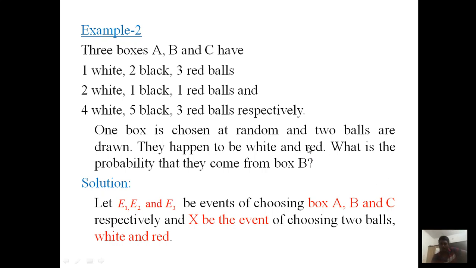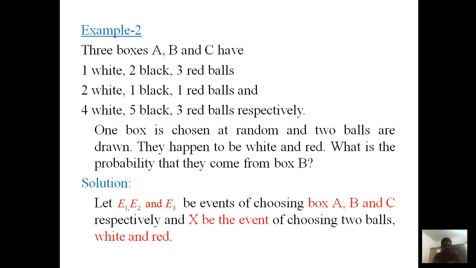Out of these 2, one must be white, one must be red. We are interested in finding the probability that they come from box B. That is, the selected white and the selected red ball are coming from box B.